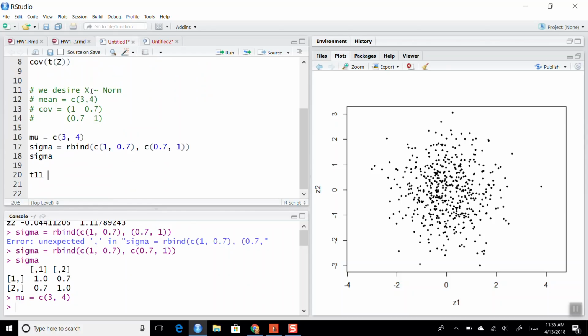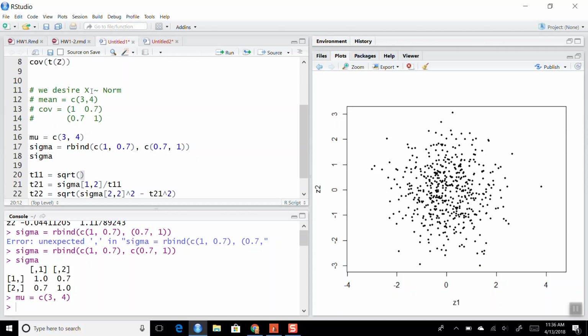I can say T11 is equal to square root of 1, and then T21 is equal to sigma 1, 2 divided by T11, and then T22 is equal to the square root of sigma 22 quantity squared minus T21 quantity squared.